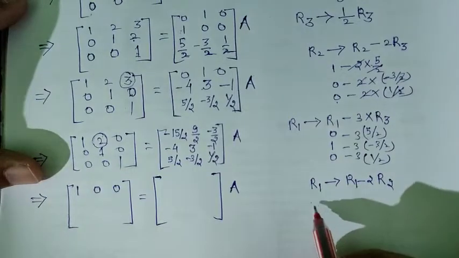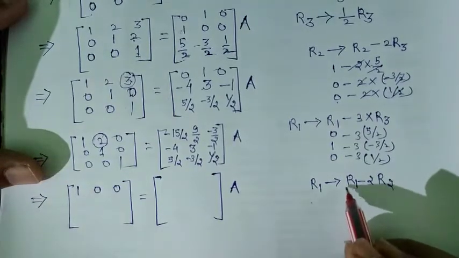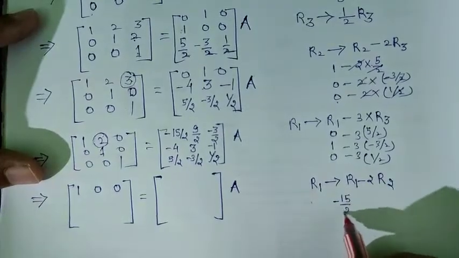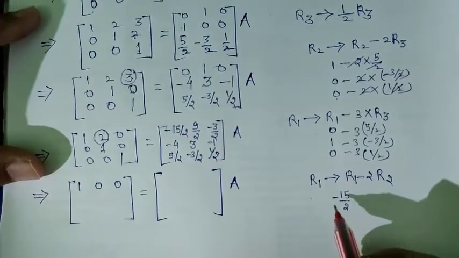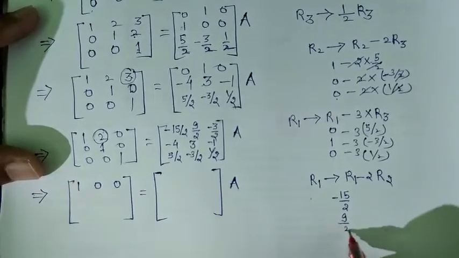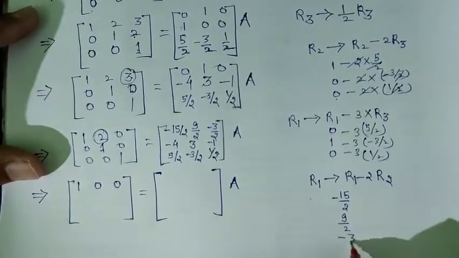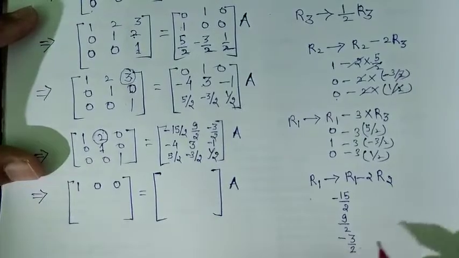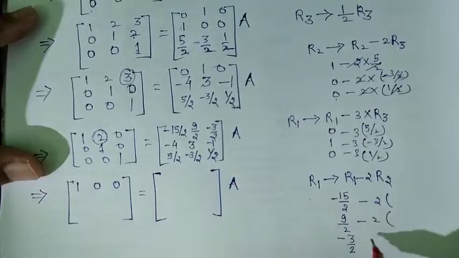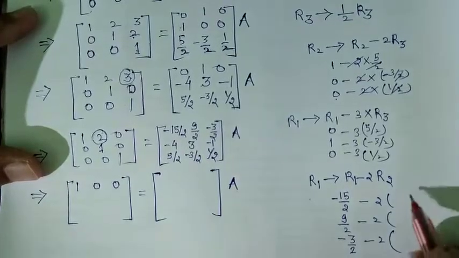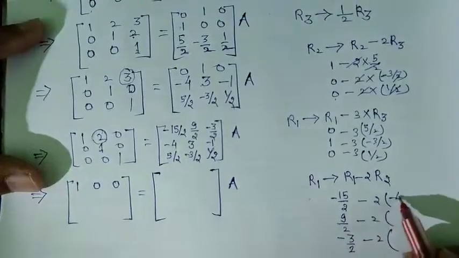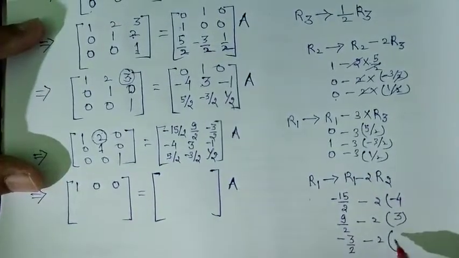And R1 elements are minus 15 by 2, 9 by 2, minus 3 by 2, and minus 2 into R2's elements, which are minus 4, 3 and minus 1.